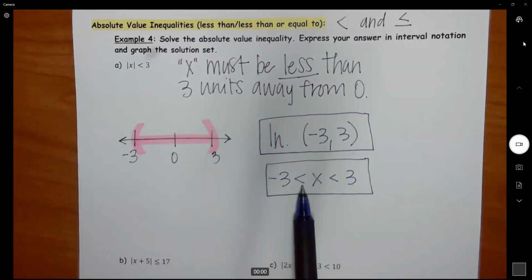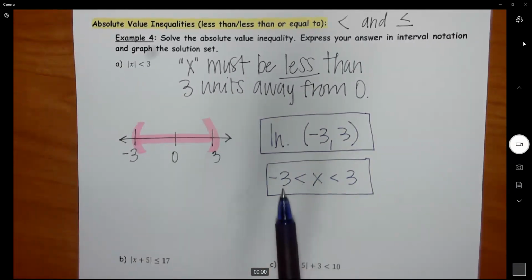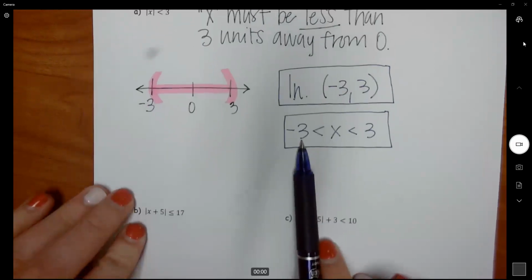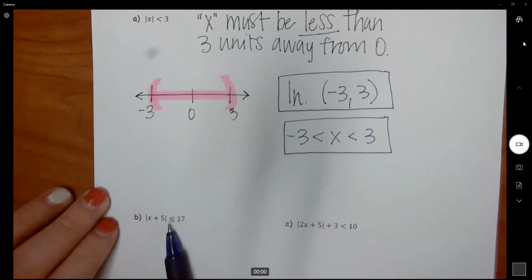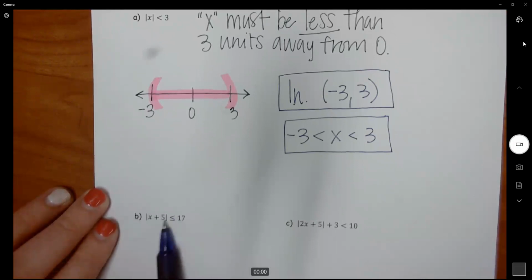And then we'll have less than its negative or its opposite number here. So if I apply that same thing here to b, our absolute value is isolated. We have a positive over here, so we can proceed.